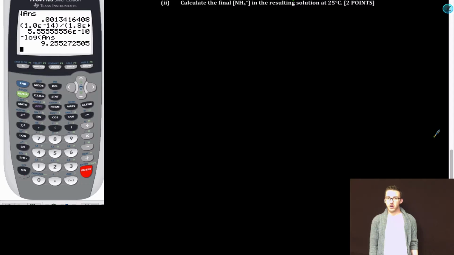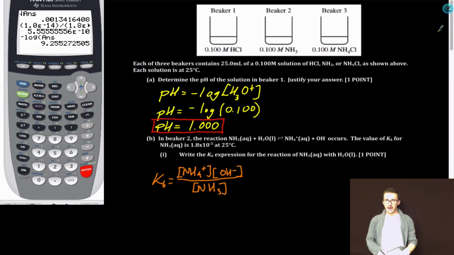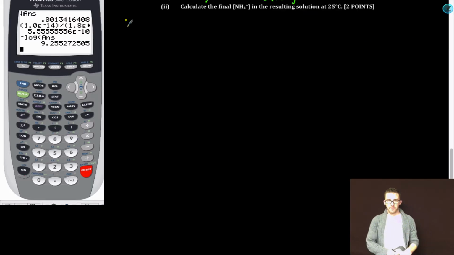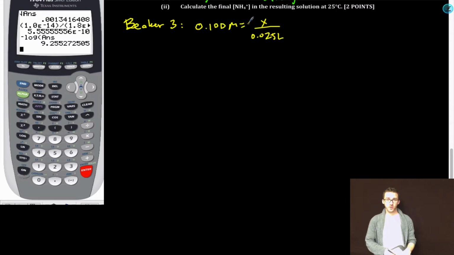Calculate the final ammonium ion concentration in the resulting solution at 25 degrees Celsius. Okay, so originally in Beaker 3, we have 25 mL of 0.1 molar ammonium ion. I'm going to use my molarity equation to solve for the number of moles of ammonium ion that were originally in that beaker number 3. 0.00250 moles ammonium ion.